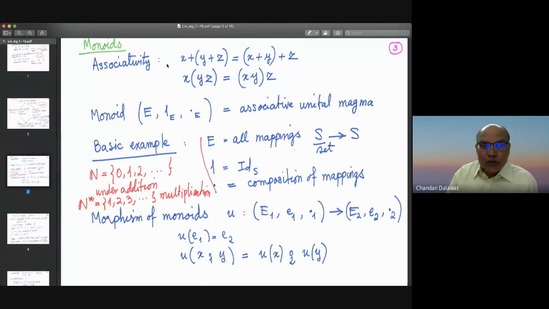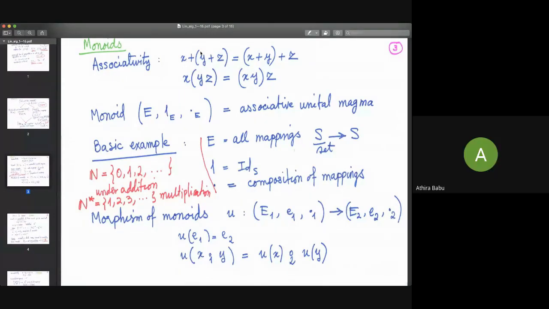So if you write your law of composition additively as plus, then associativity just means that when I add x to the sum of y and z, I get the same thing as when I add z to the sum of x and y. Notice that the order of the elements has not changed. x, y, z, x, y, z. It's only the way the brackets have been put which indicate which of the pluses is performed first.